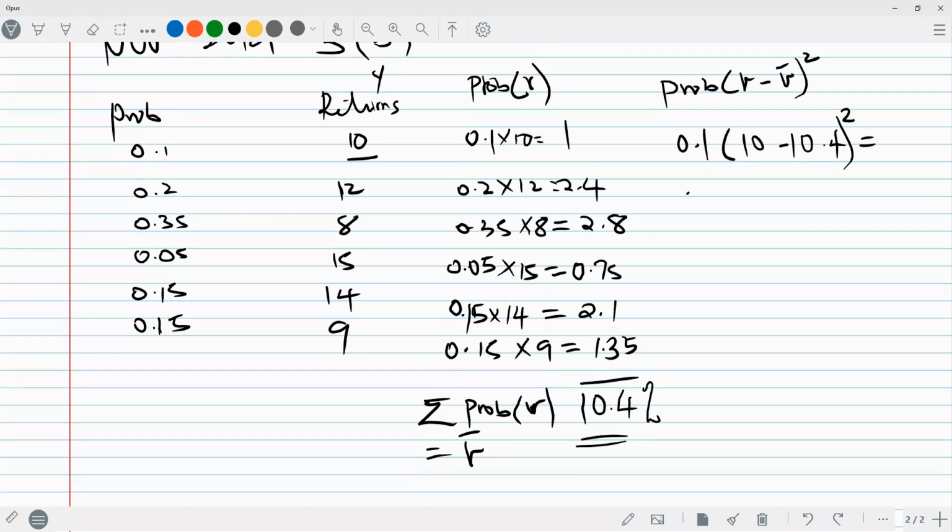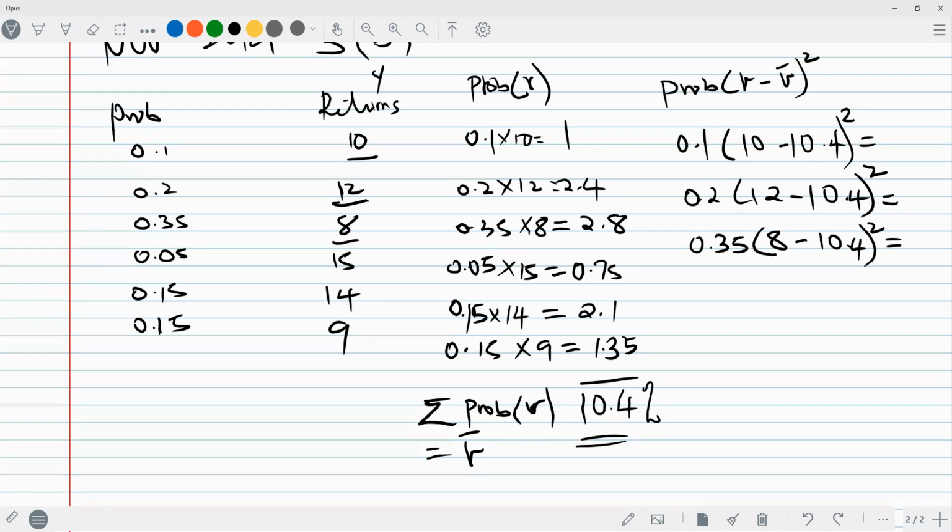The next outcome, 0.2, the return is 12, so 12 minus 10.4, the mean, squared. The next is 0.35, the return is 8, minus 10.4 squared.